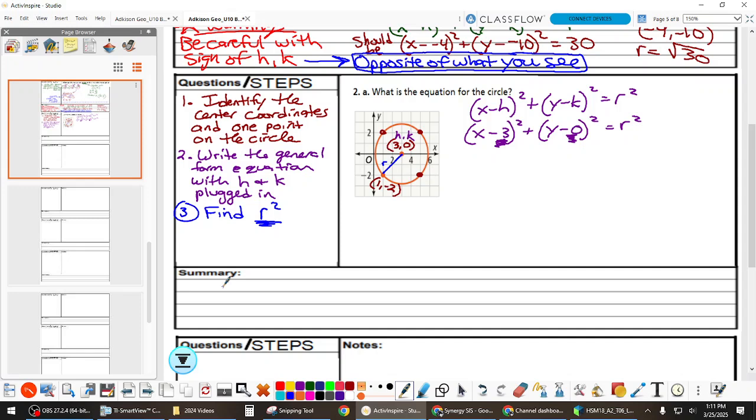Okay? Well, you can use the idea of the distance formula. So, the distance between the 2 points. So how do we find that distance?